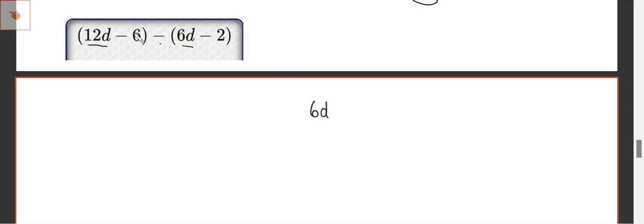And then it's negative 6 subtract negative 2, which is minus 4. Is it minus 4 or negative 4? Negative.